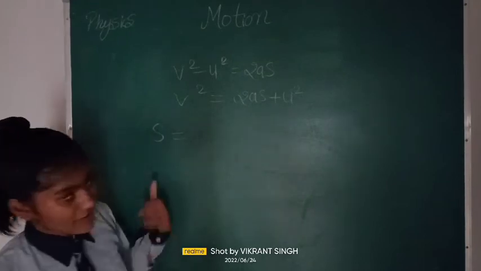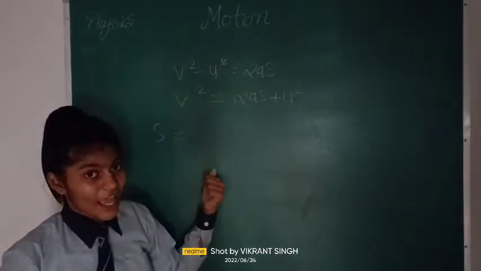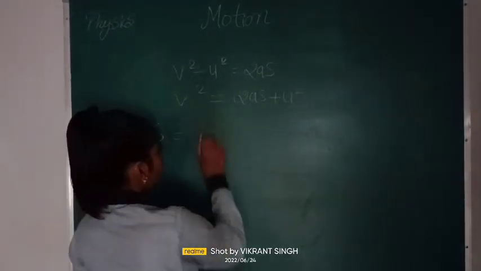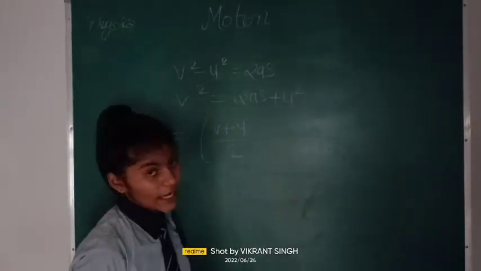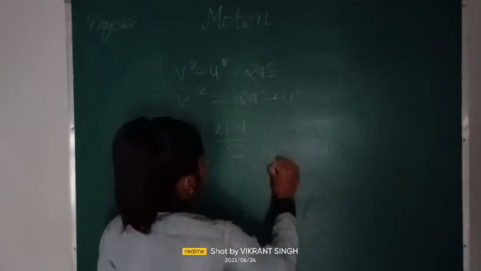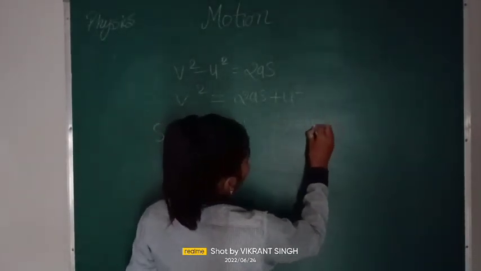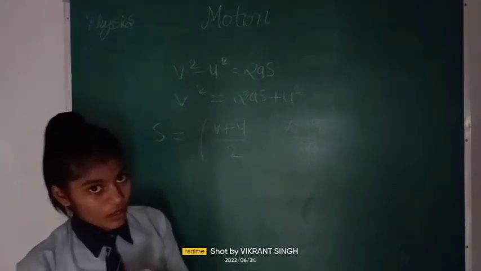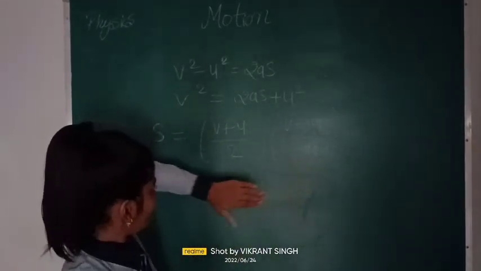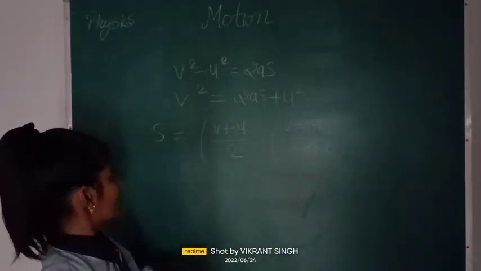In the same manner we have to find the distance. So s equals v plus u by 2, which is the velocity. Time in this case is v minus u upon a, which we found from the first equation of motion. So this is the time, this is the velocity. Simplifying this, we get our answer.